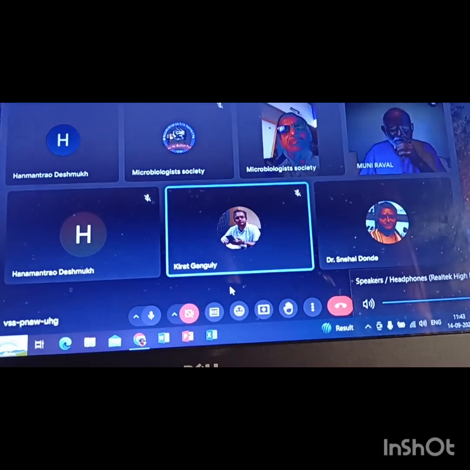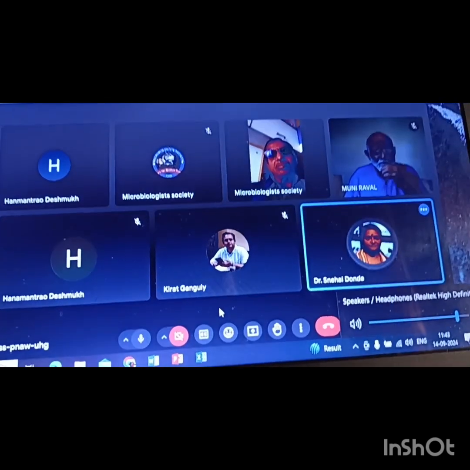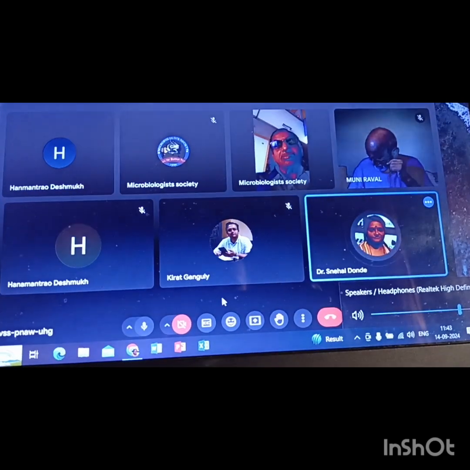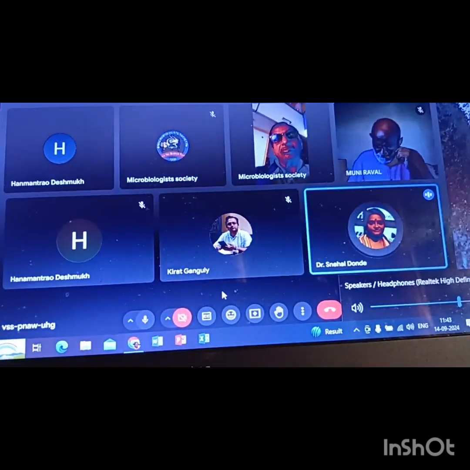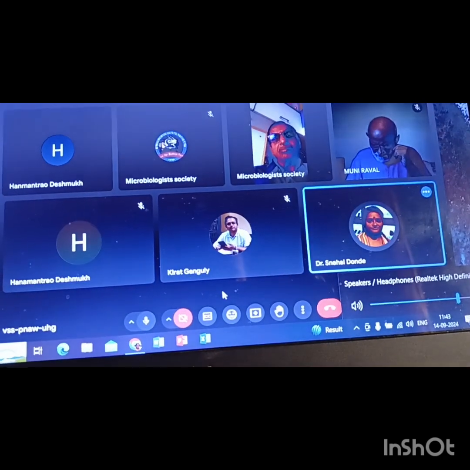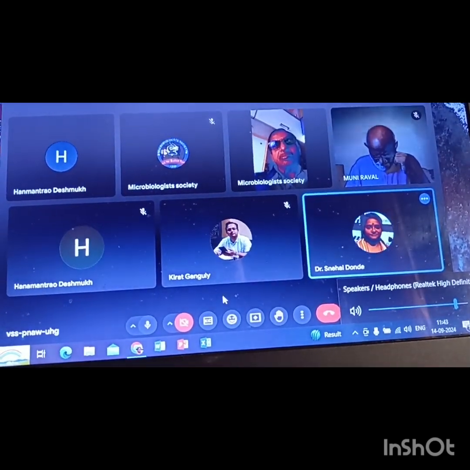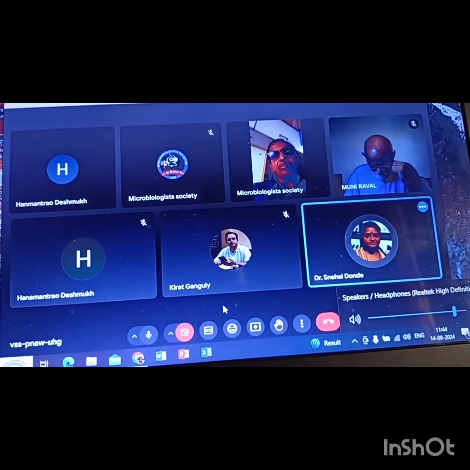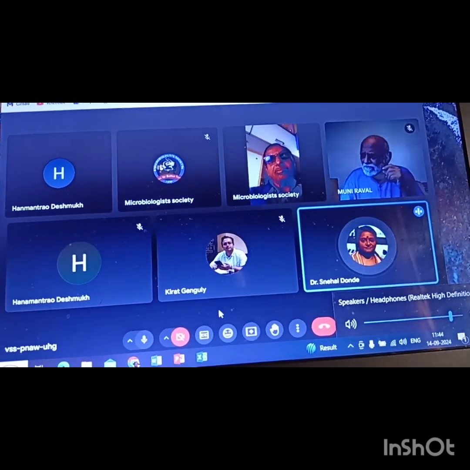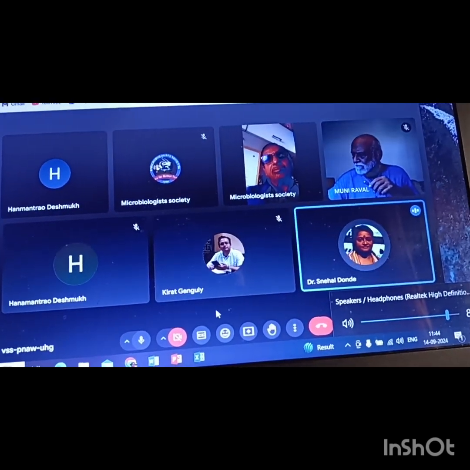Hanumantrao ji, the main purpose here is to get inputs from all of you regarding what changes can be made in the present existing infrastructure facilities of sewage treatment. But the reflection is very clear from all the polluted water bodies that we have not been able to achieve even a single percent.